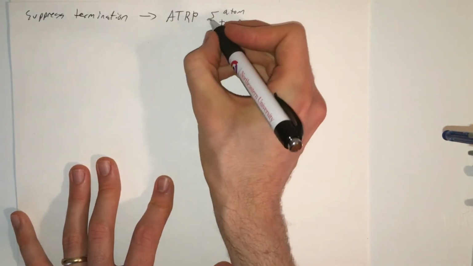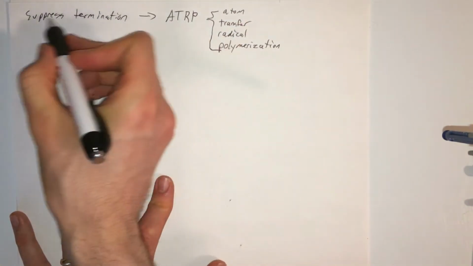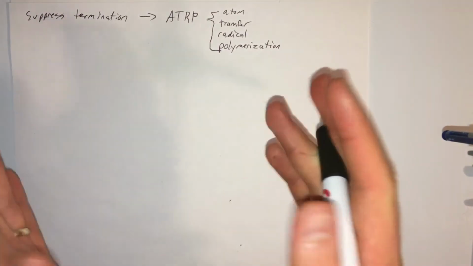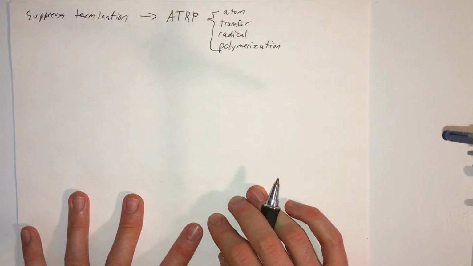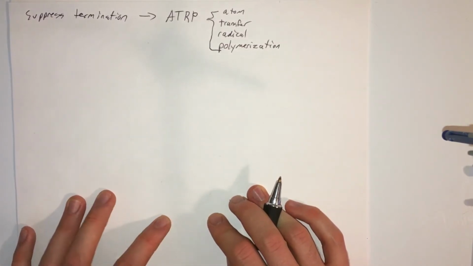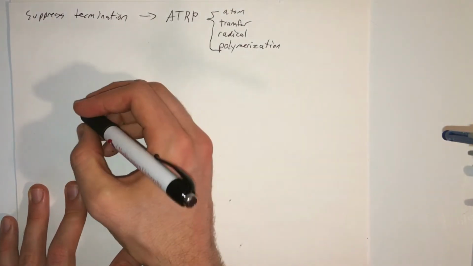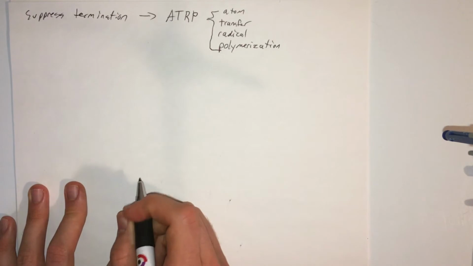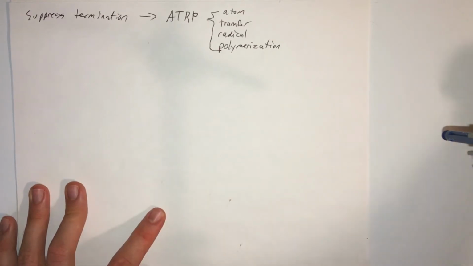So we're going to do atom transfer radical polymerization, and that's going to suppress our termination. And by suppressing our termination, we're going to have all of those great outcomes like we talked about earlier. So first, let's look at the steps of free radical polymerization, and then we'll talk about where ATRP can come into play in order to do that.